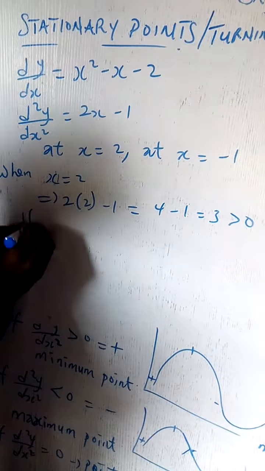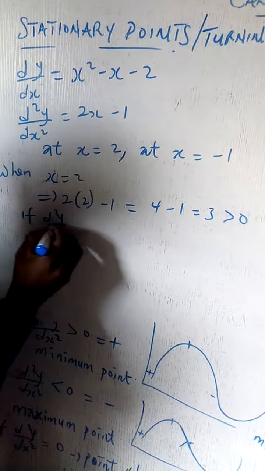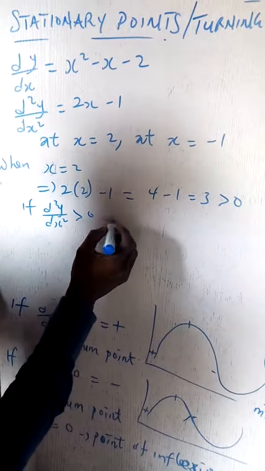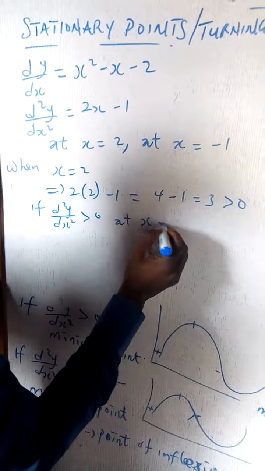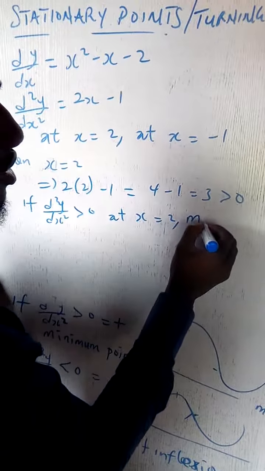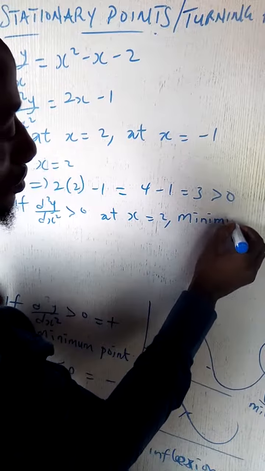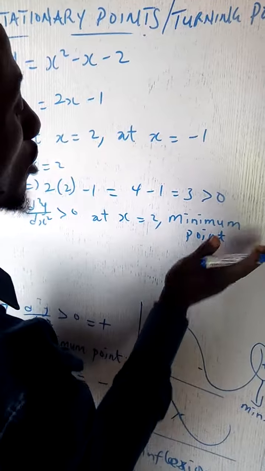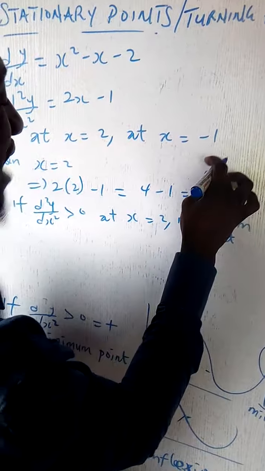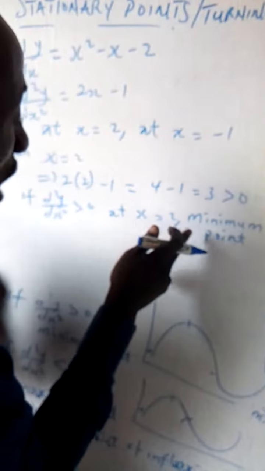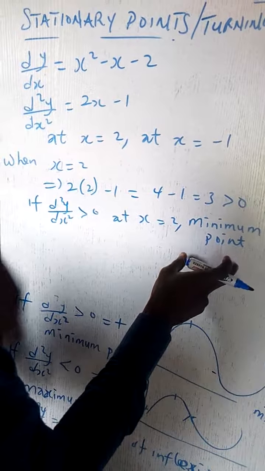So if d²y/dx² is greater than 0 after substituting that point, then at s = 2 we have a minimum point. According to our previous explanation, the point of y you are having there is the minimum point.